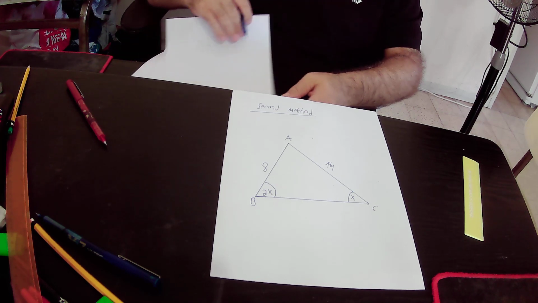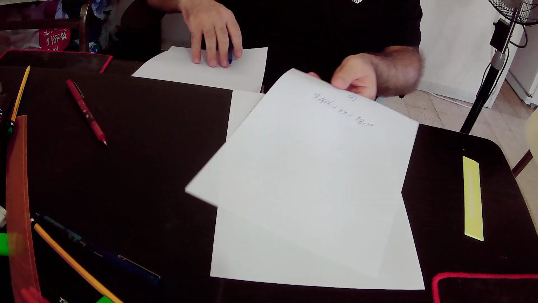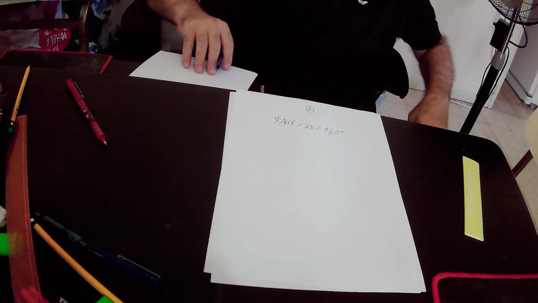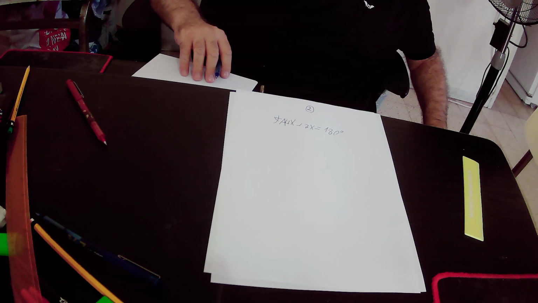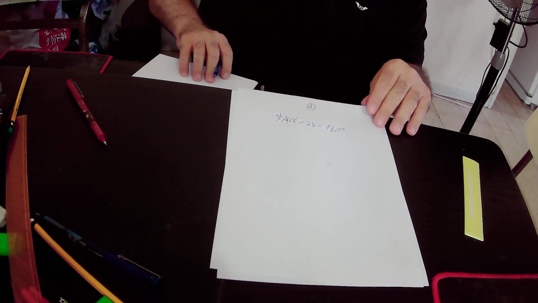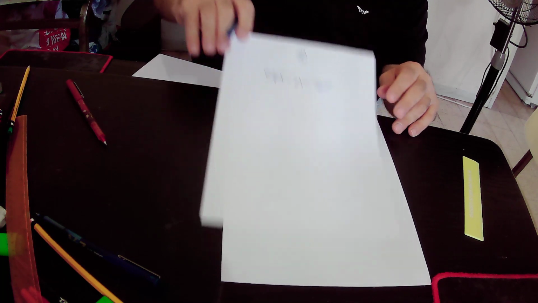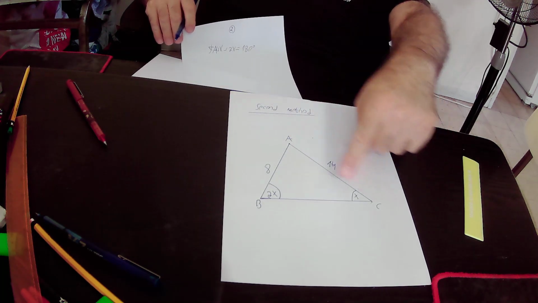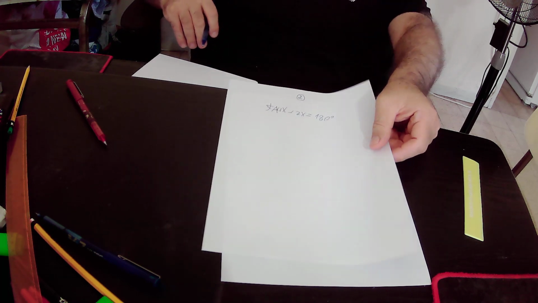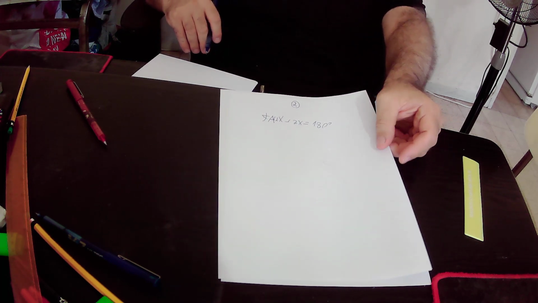In any triangle the sum of its angles is equal to 180 degrees, so angle A plus angle x plus angle 2x must be equal to 180 degrees.